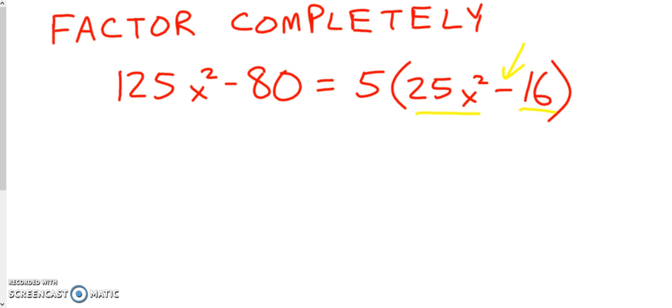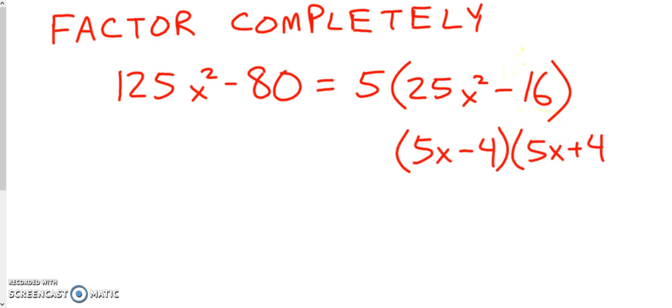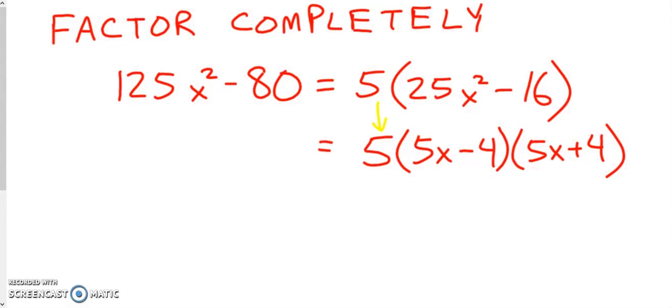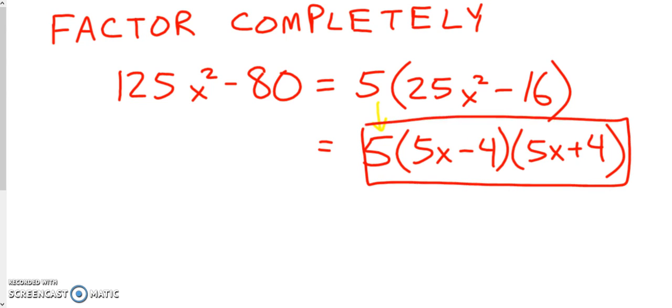Therefore, I can factor that into 5x minus 4 and 5x plus 4, because 4 times 4 is 16. 5x times 5x is 25x squared. And notice that I still have to bring down this 5 that comes from here. So that goes to there. And this is completely factored.